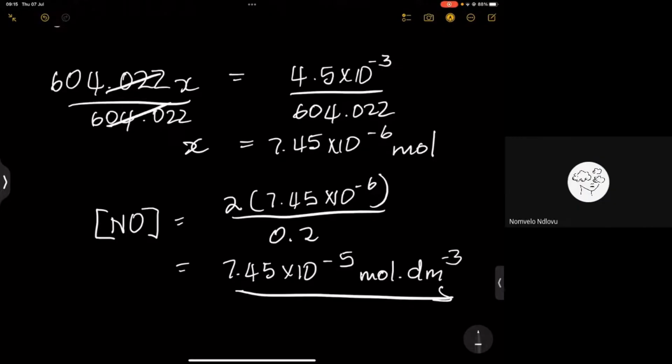Sam, I have a question. Yes, go ahead. When you rounded off, near 603.022? Yes, but remember, in the calculation I didn't round off. I also didn't round off, but I got 7.45 times 10 to the power of minus 8 as my x.